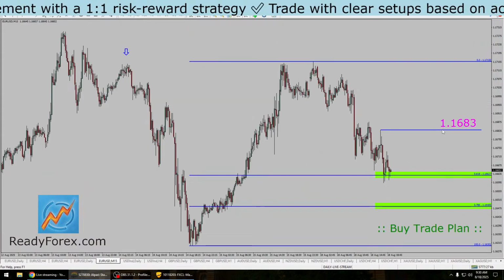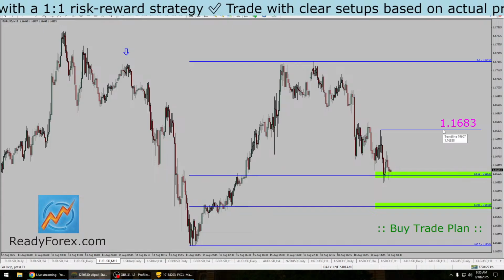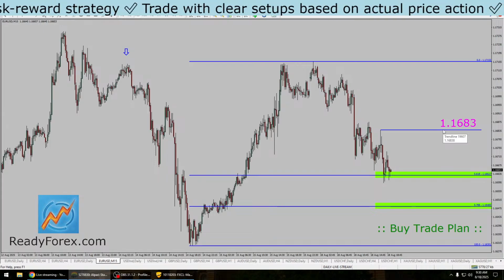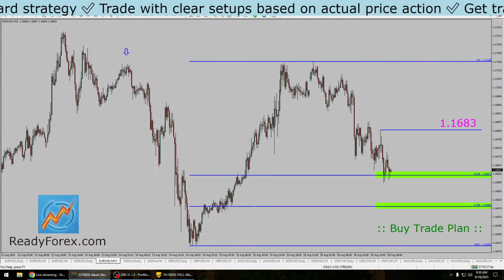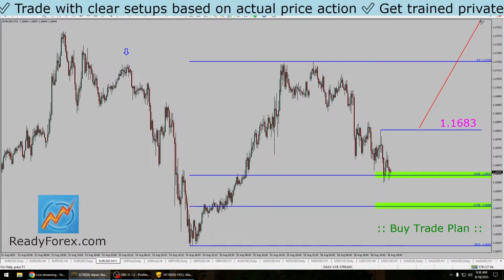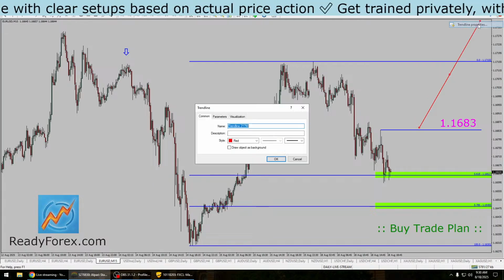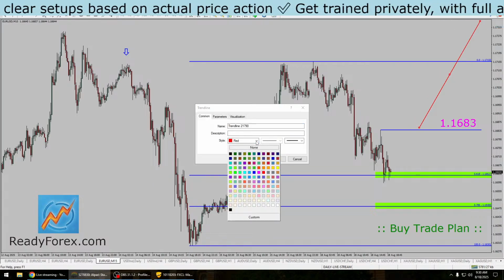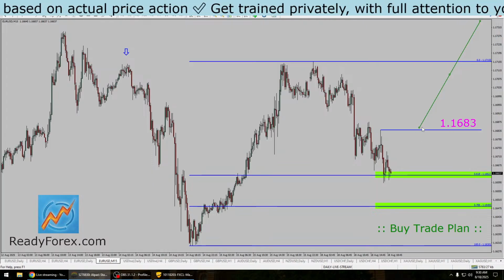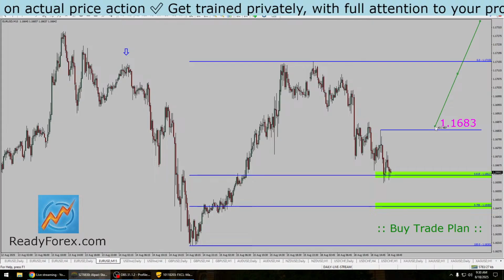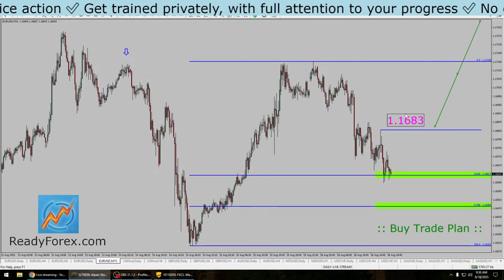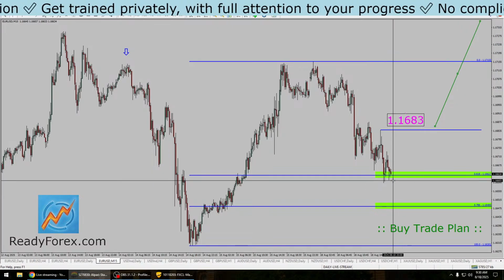So euro USD 1.1683, this is the level. Euro dollar currency pair 1.1683. Let me turn the line on so you guys get a clear idea. If I get a bullish breakout above the 1.1683 level, then I might be interested in a buy trade. I'm not going to buy down over here.